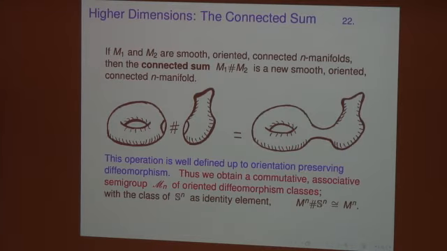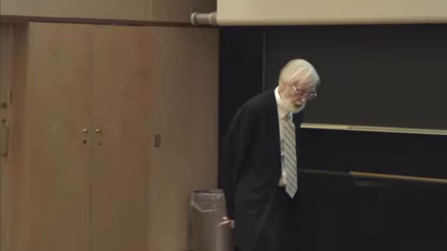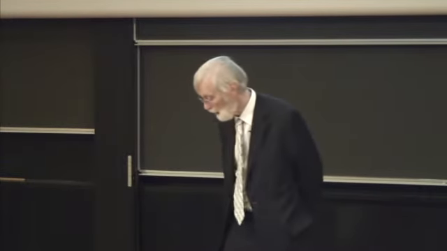This is most familiar in dimension 2. The possible smooth closed surfaces form a semigroup on one generator, the torus. If we add a torus to itself, we get a surface of genus 2 and so on.